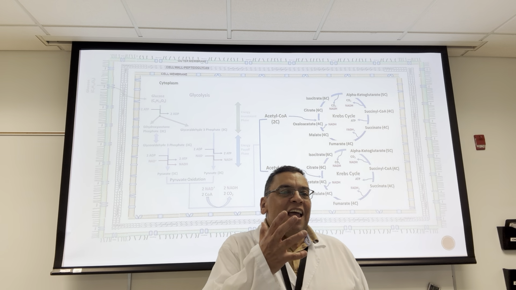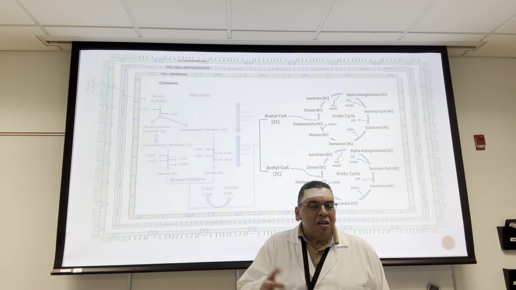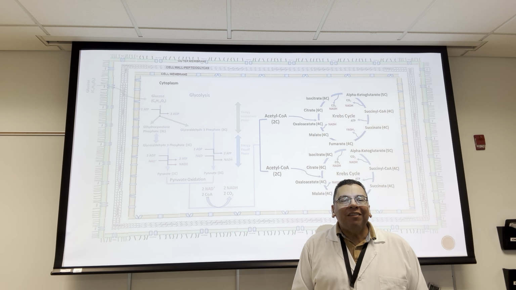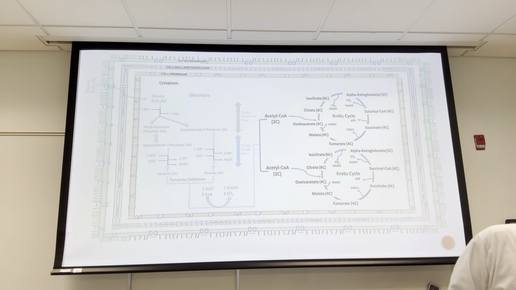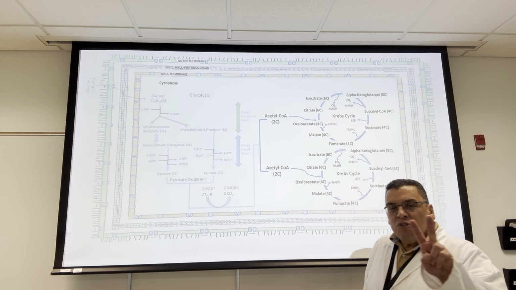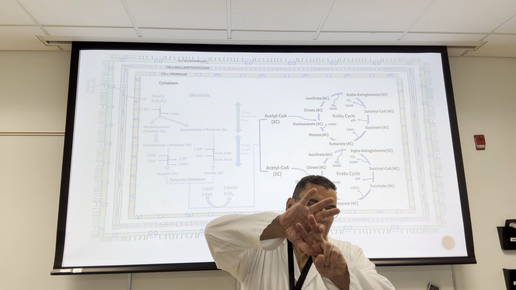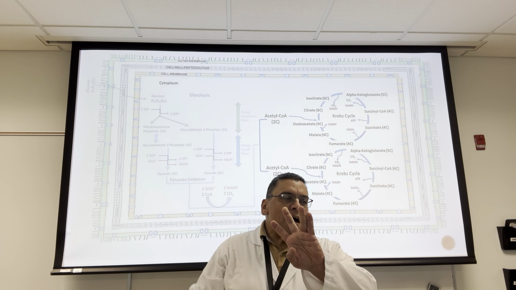So now at this stage, what do we have? With respect to the NADHs and the FADH2s and the ATPs, what do we have? We have a total of 10 NADHs. Let's count them. There are 2 NADHs from glycolysis. Do you agree? We make 2 more in pyruvate oxidation.